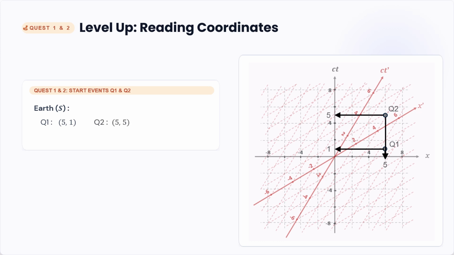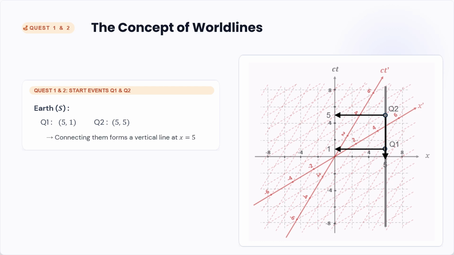Look closely at the screen. Let's draw a vertical line straight through x equals 5, passing through both point Q1 and point Q2. What do you see? That's right. Even as time passes, ct equals 0, 1, 2, all the way to 5, this object stays continuously at position x equals 5.